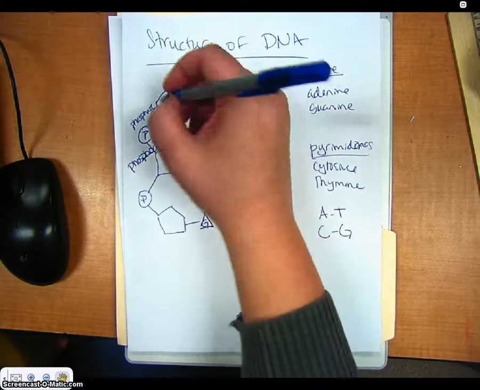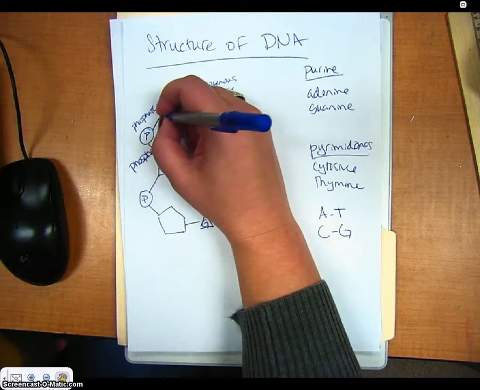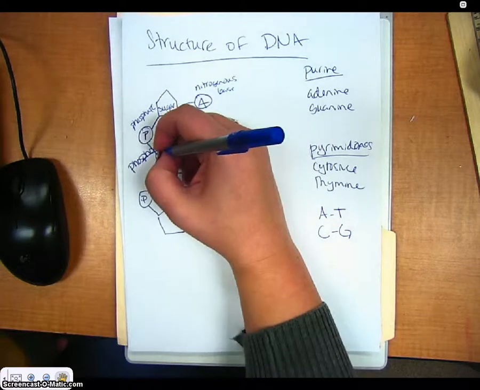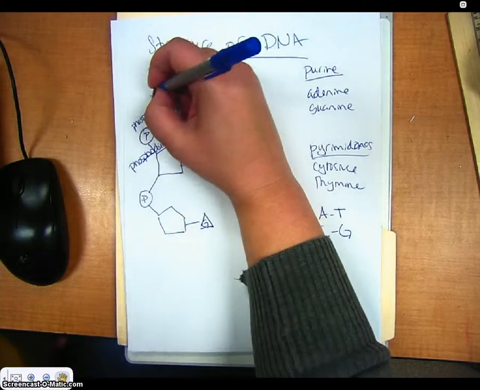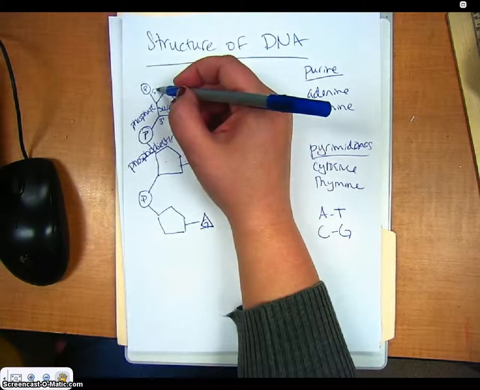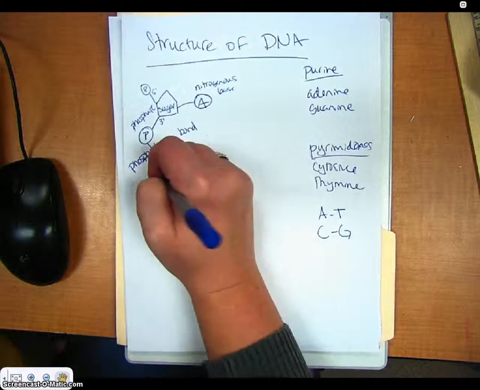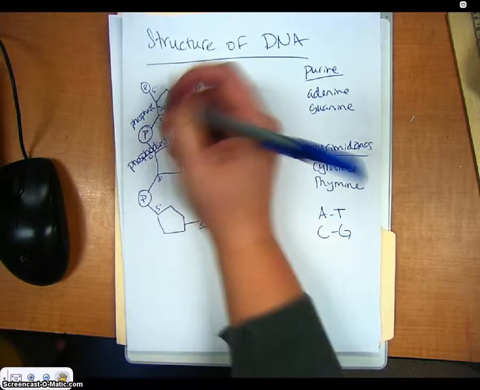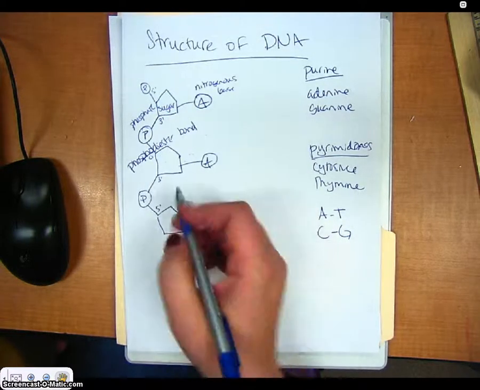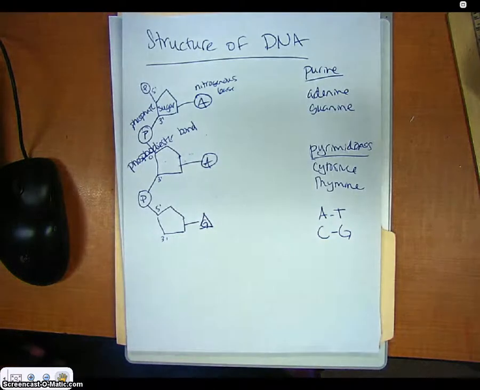In this case, you have the 3' carbon being right here, and the 5' carbon being here. So the direction of this DNA is 5' to 3'. So this is the 5', this is the 3', this is the 5'. So you can see the 5' is on the top and the 3' is on the bottom. So that is the direction of that side of the DNA.